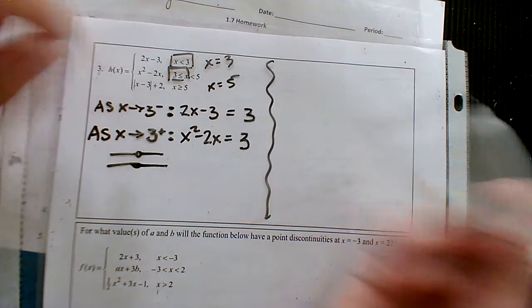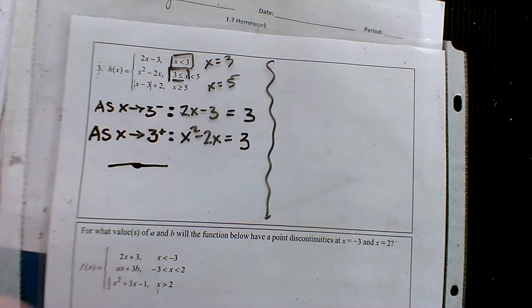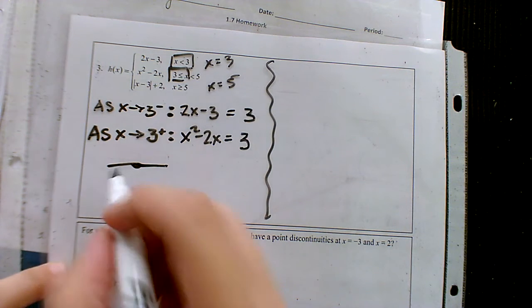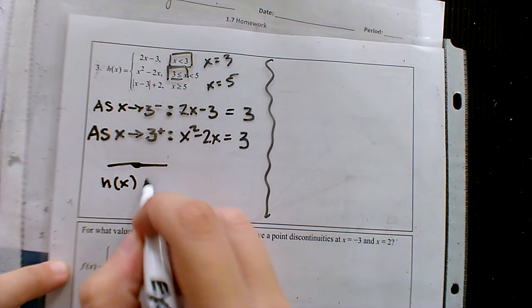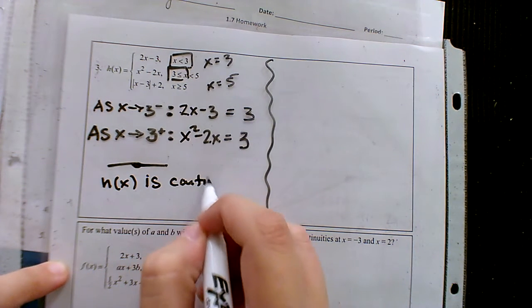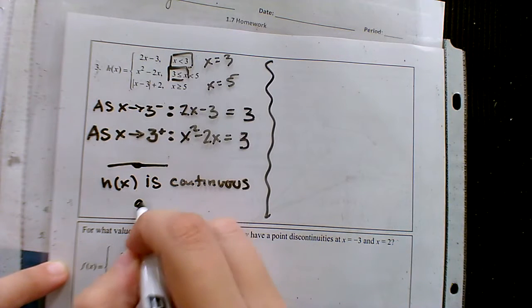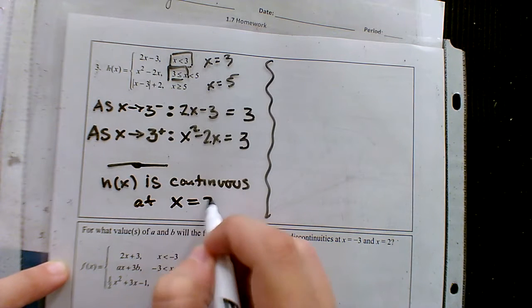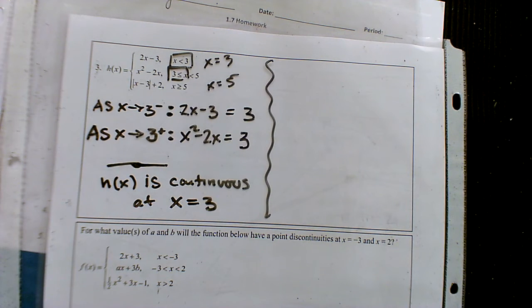So it looks like our graph is continuous. We have the left and the right meeting at a closed circle. So h of x is continuous at x equals 3. You can draw it without lifting up your pencil. Nice, smooth, fluid graph.